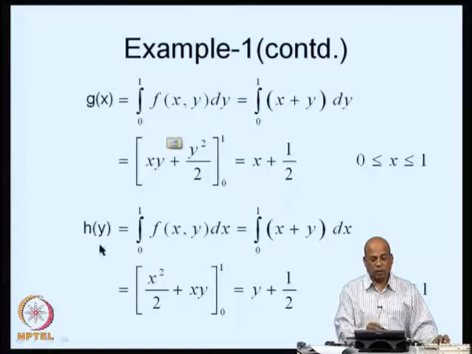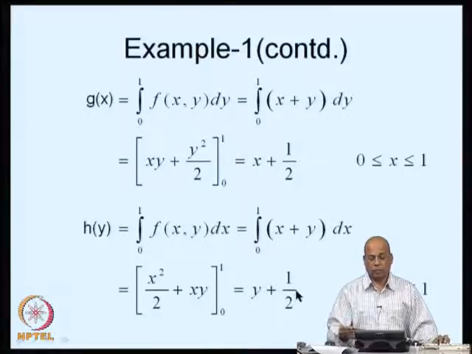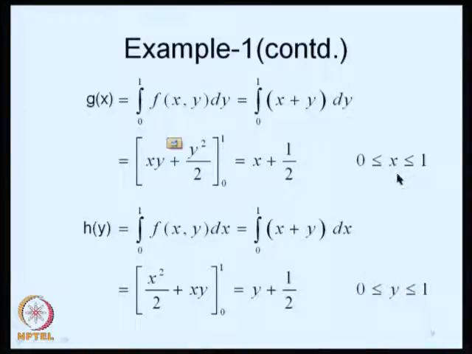Similarly, marginal density of y is h of y. You integrate over x the joint density function, and you will get y plus 1 by 2. This is valid over the region x varying between 0 and 1, and y varying between 0 and 1 for h of y.